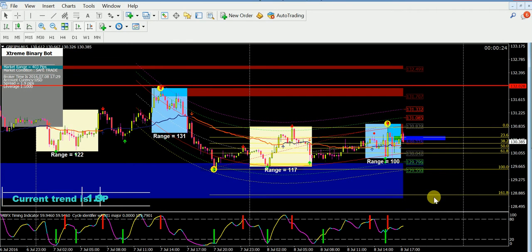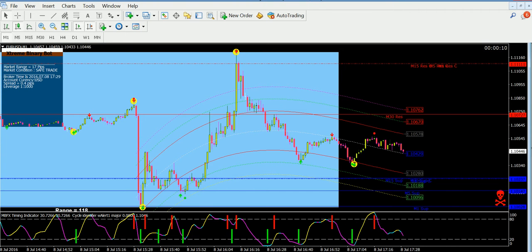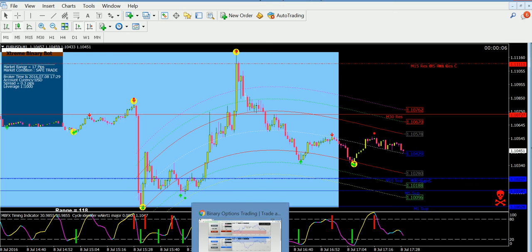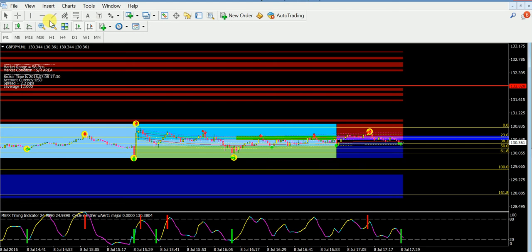We have a target down here. Another thing that's going to help you identify the absolute values is this identifier here.